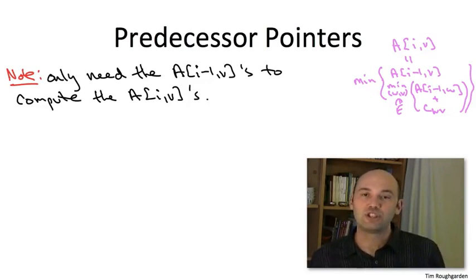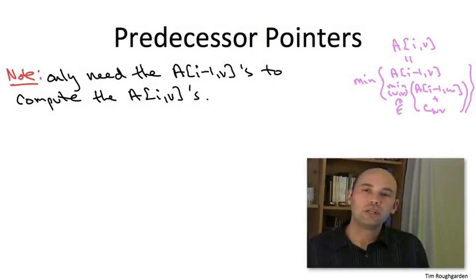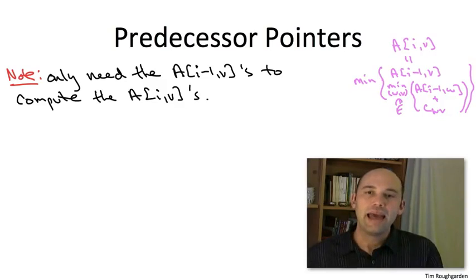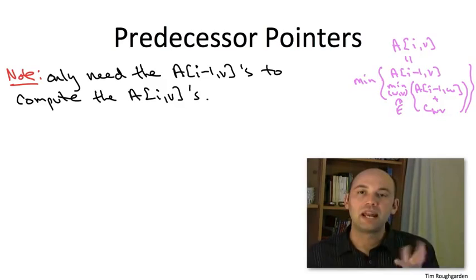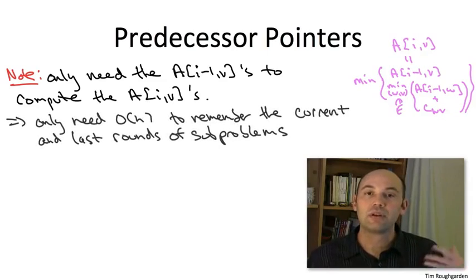All we need is the freshest batch, the most recent iteration, to correctly proceed. If we do that, the only subproblems we're keeping track of are the ones that we're filling in the current round i, and we're remembering the solutions from the previous round i minus 1. That means at any given moment in time, we're only keeping track of big O of n different subproblems.